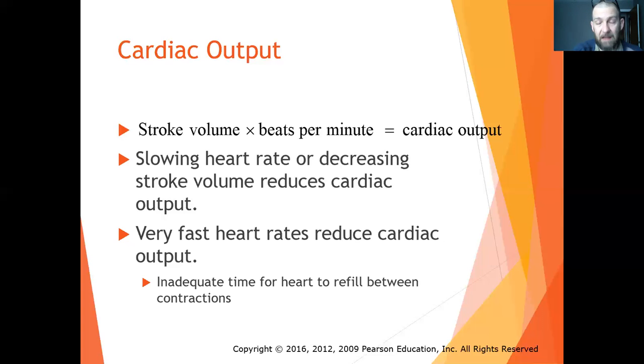There's just an inadequate amount of time to fill that left ventricle with enough blood to be pumped out, because it's beating too quickly. So at a certain point, when heart rates are too fast, there are diminishing returns. So we need to know how we calculate cardiac output.